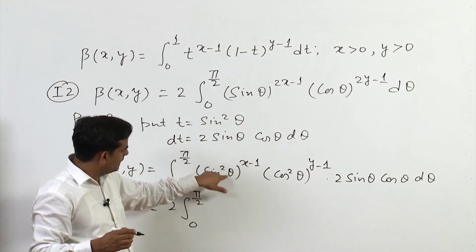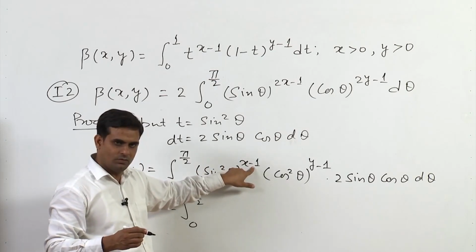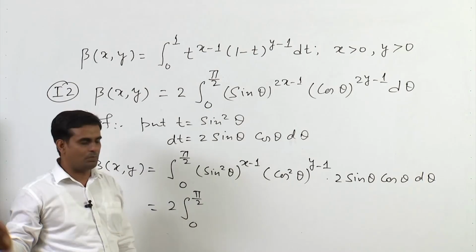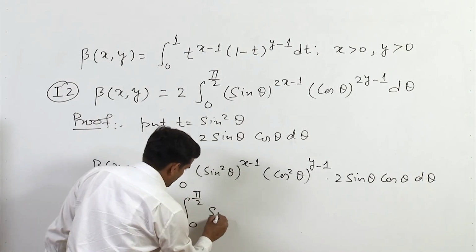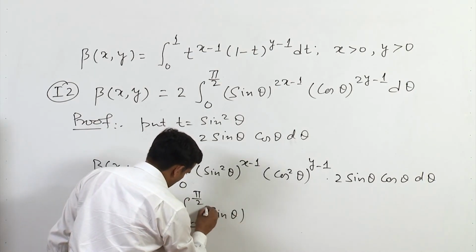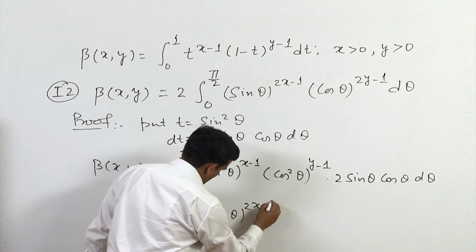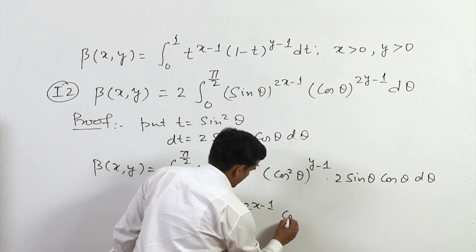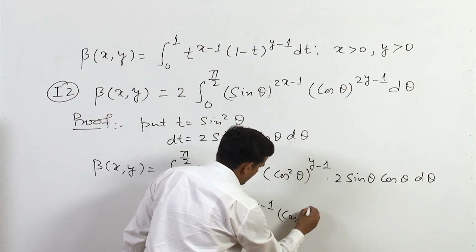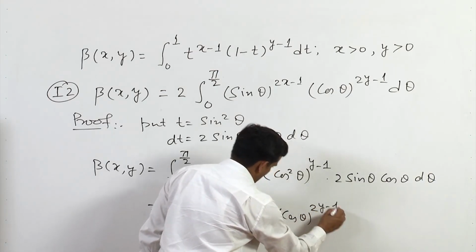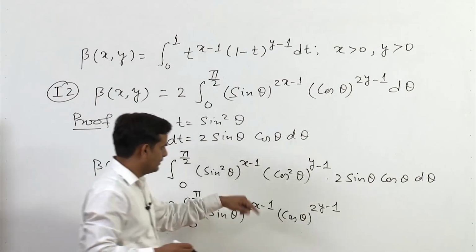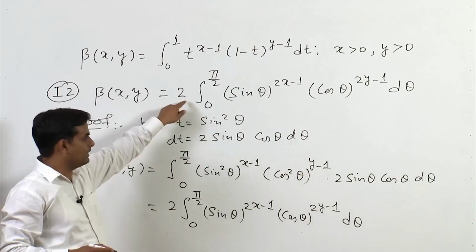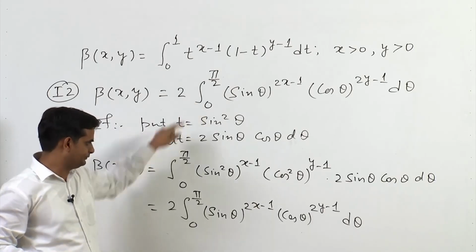Here it is sin theta raised to power 2x minus 2, and here I am having plus 1. So, 2x minus 2 plus 1 becomes sin theta raised to power 2x minus 1. Similarly, cos theta raised to power 2y minus 1 and then d theta, and this is the thing which we need to prove.